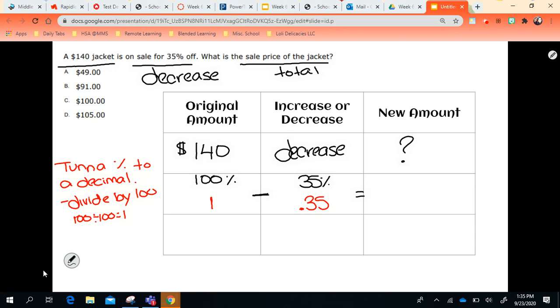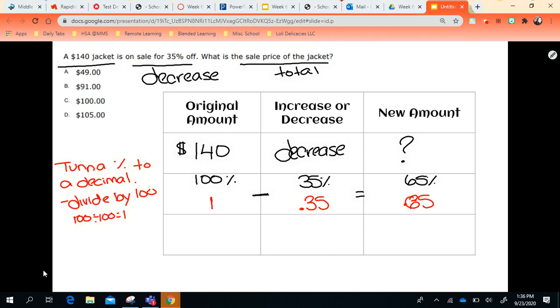So now I'm going to go straight across. So 100% minus 35% gives me 65%. 1 minus 0.35 gives me 0.65.